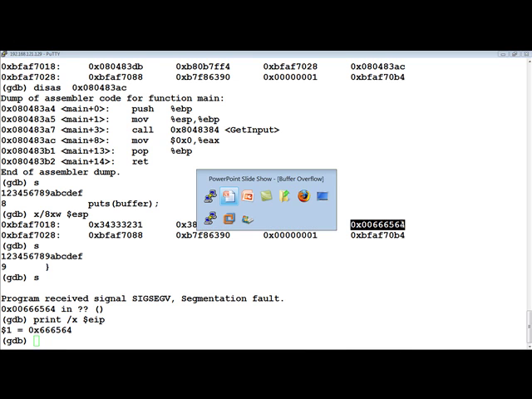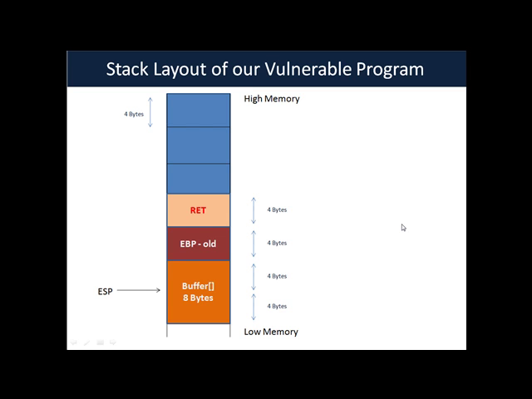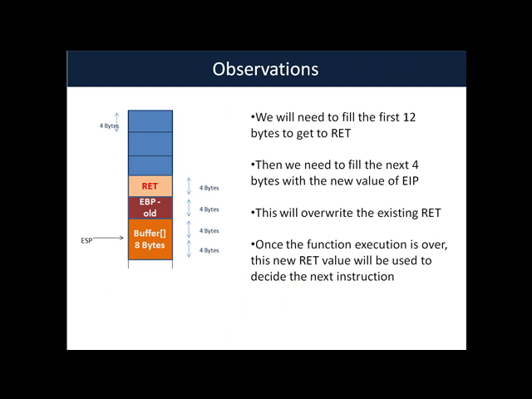Let's go back to our slide. So what are our various observations, right? In order to fill the return value, we need, in this program, to cover the first 12 bytes: 8 bytes of the buffer variable and then 4 bytes of the EBP variable.